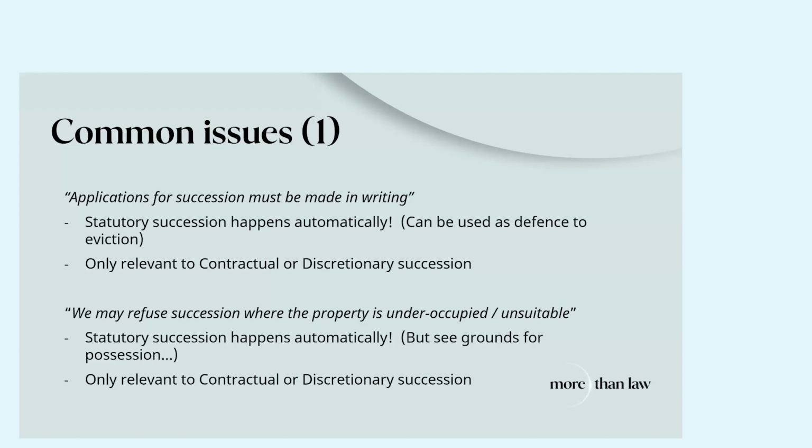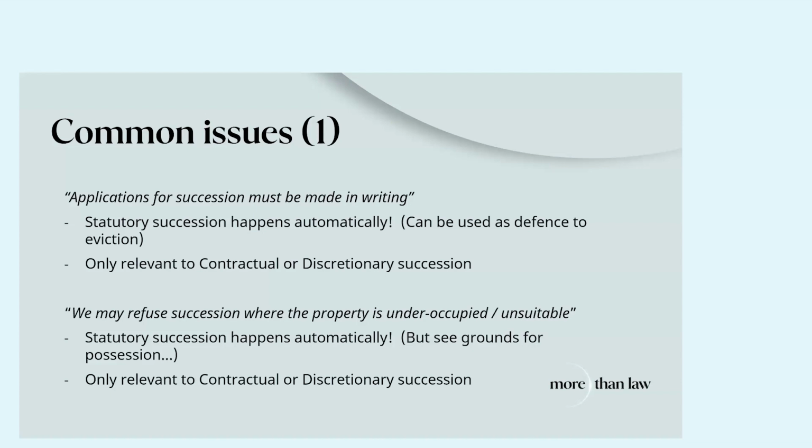So you can be in a situation where someone is actually a successor. They have not necessarily formally applied for it, or maybe not within the timescales that you've asked them to. Let's say you say they have to apply within 3 months or something like that. Maybe they've not formally applied for it.